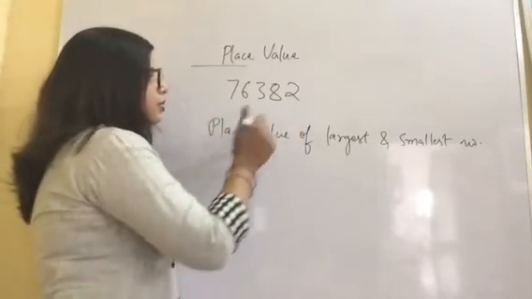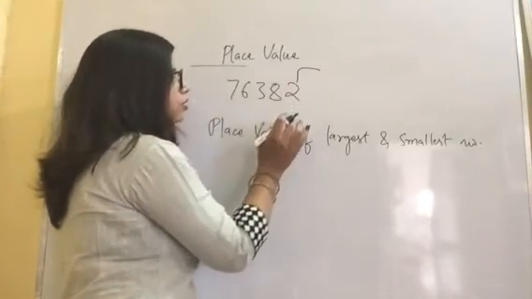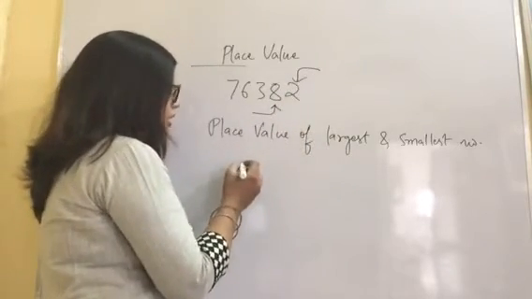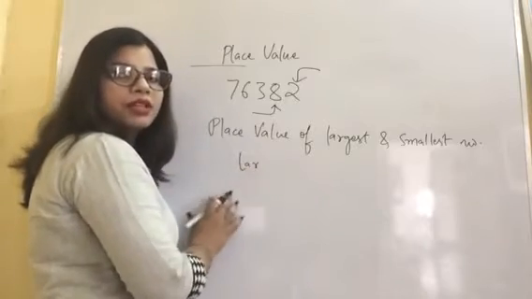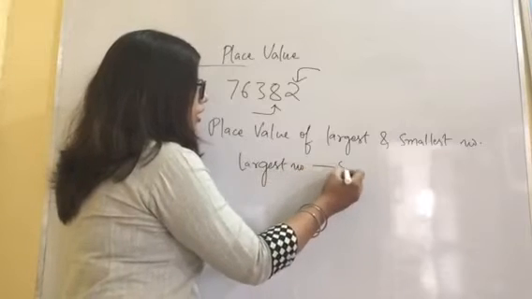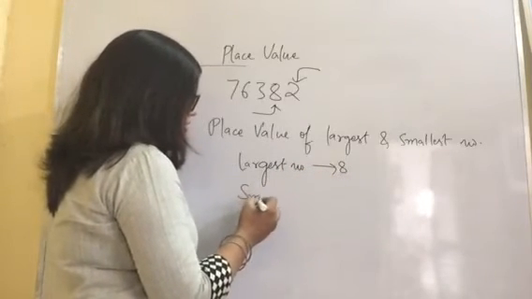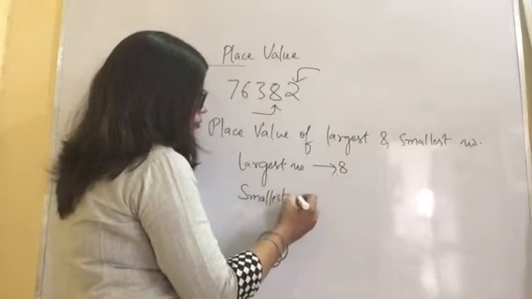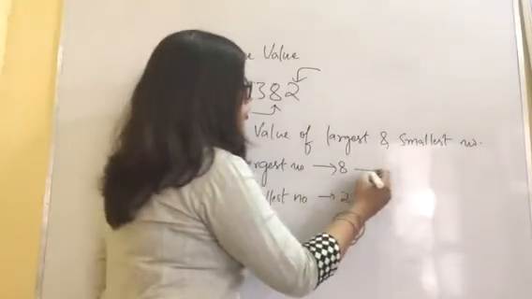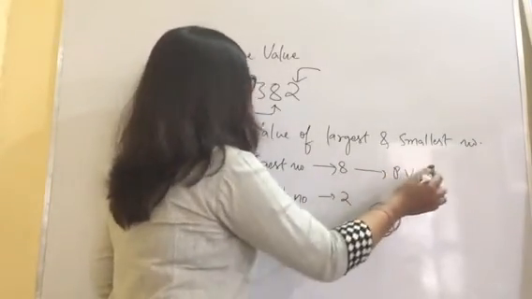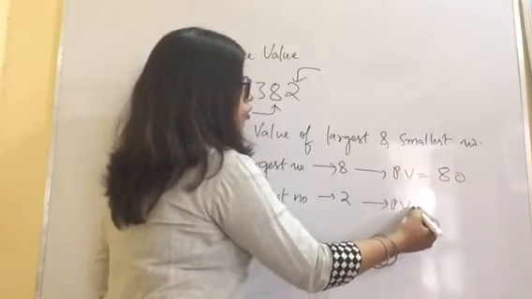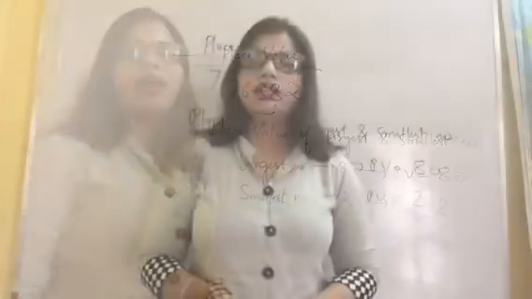So which is the largest digit in this? 8, that is 8, and the smallest digit is 2. I am telling you the answer. The largest digit is 8 and the smallest digit is 2. So the place value of 8 will be 80, and the place value of 2 will be 2 only, as it is.